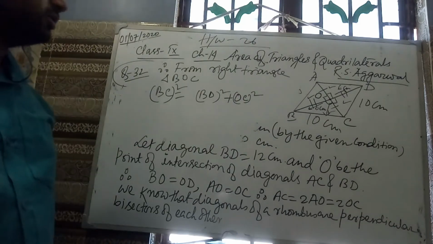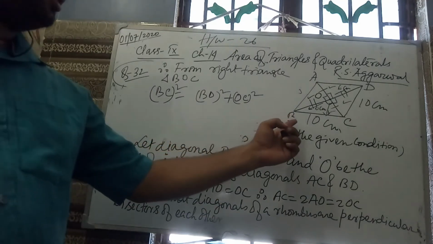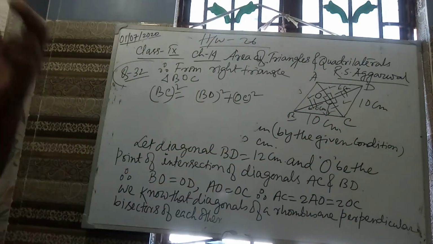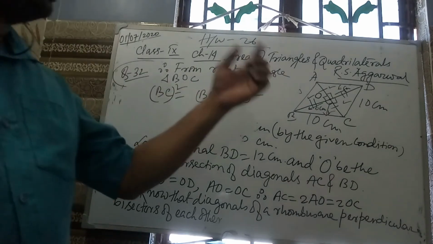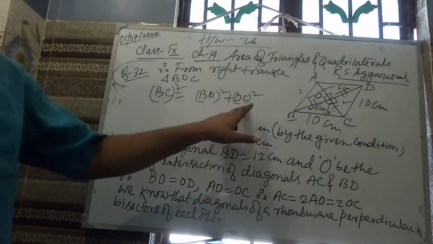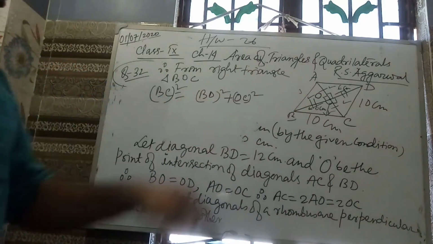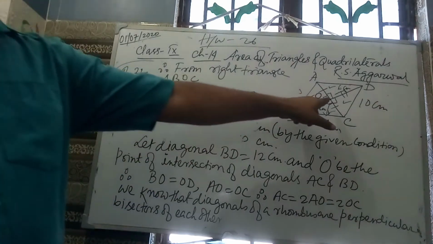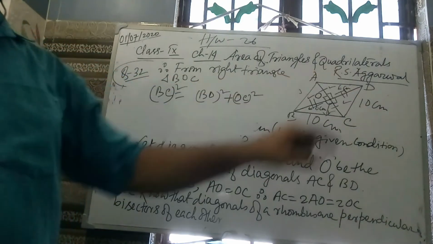Now put the values. BC equals 10 centimeter because this is the side of the rhombus. We have to find out OC, so keep it as it is. We know that OB equals 6 centimeter because O bisects BD.